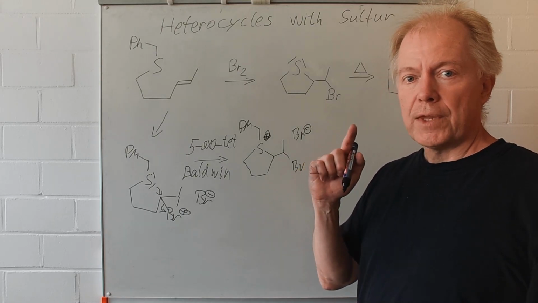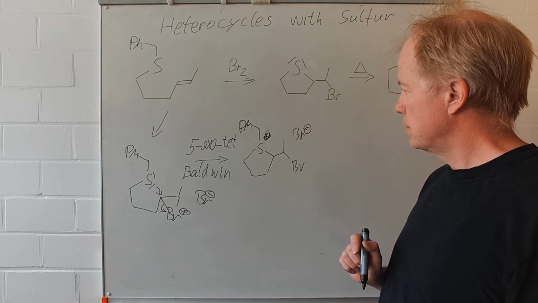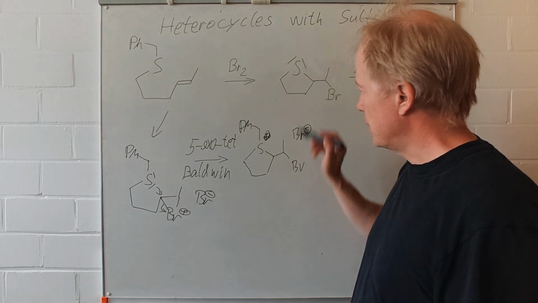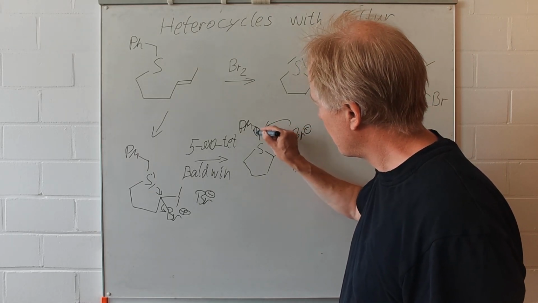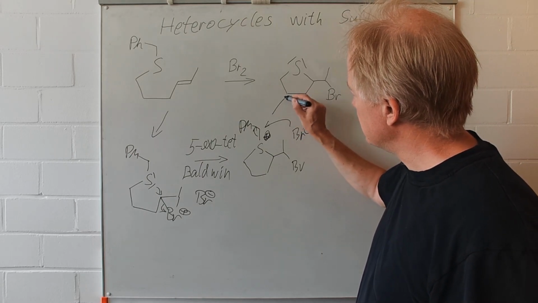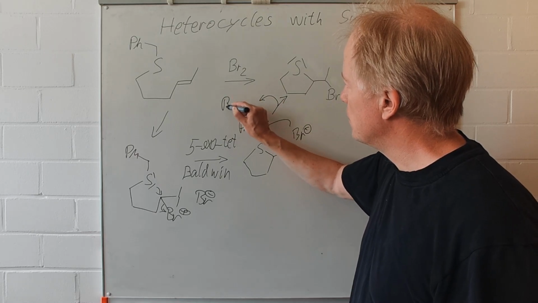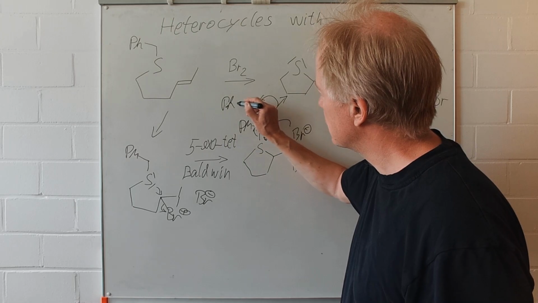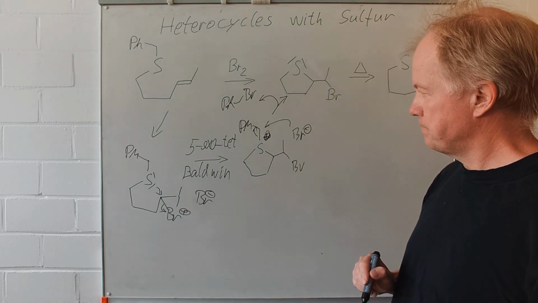Also an SN1 process could occur. This heterocycle is the leaving group, and the substitution takes place, resulting in the formation of benzyl bromide.